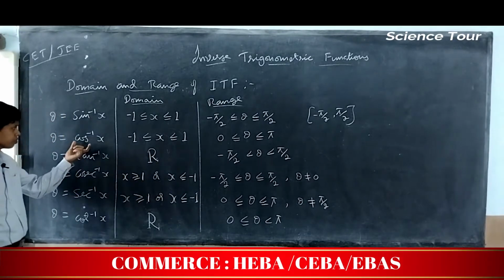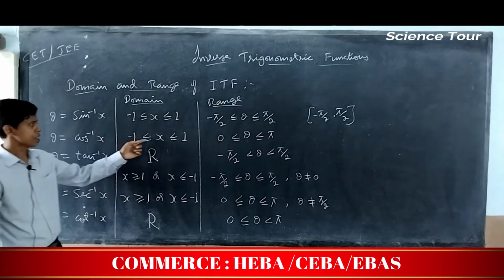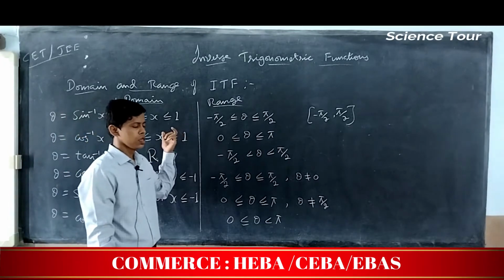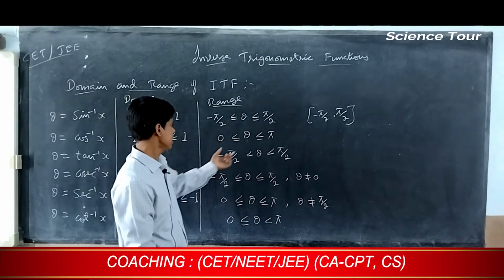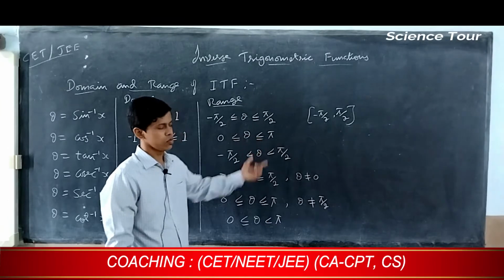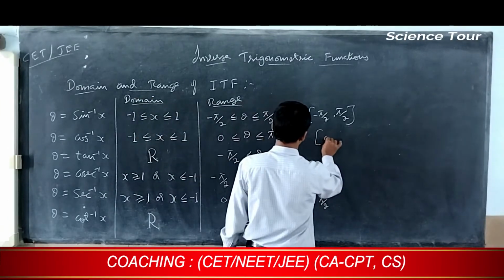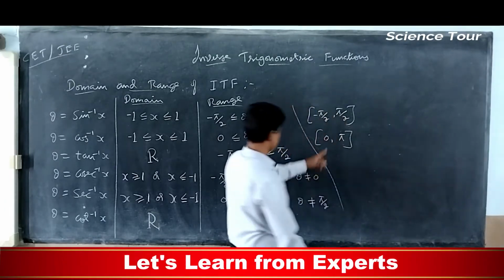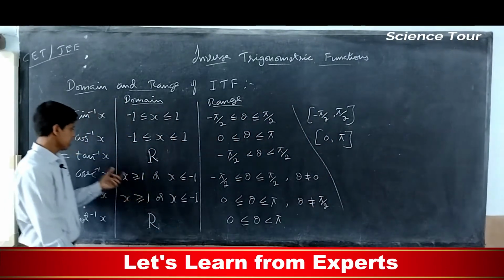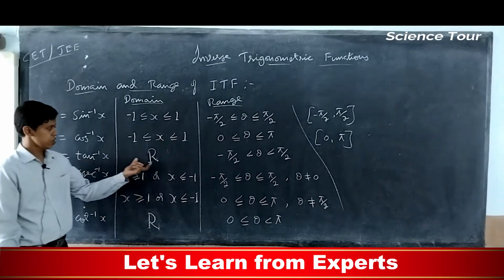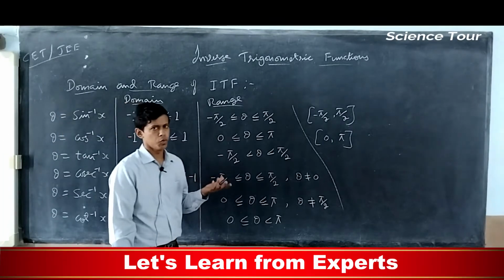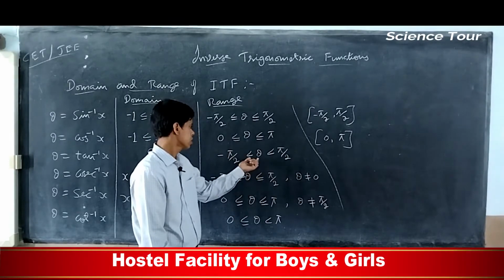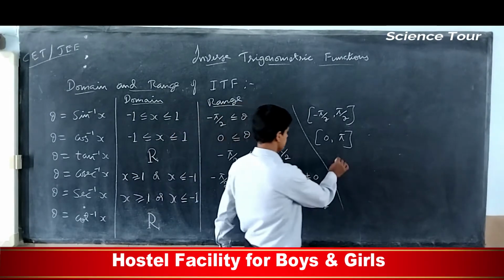Next, cos inverse, I have explained this already. So minus 1 to 1 closed interval is the domain, and closed interval 0 to pi is the range. And tan inverse x, all the real numbers are domain. You can take any real number, and the range is minus 90 to 90.